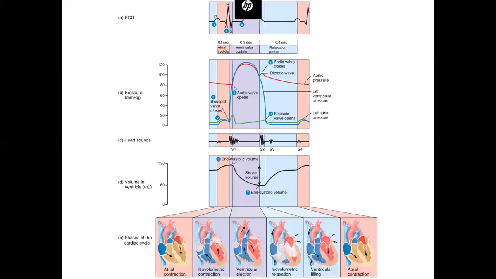If we look at this figure again, there's aortic pressure. It's up here instead of down here where it belongs. And so it's harder for us to get this blue line, the pressure inside our left ventricle, up high.